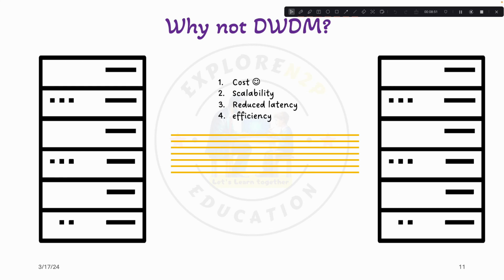Okay, now I have two questions. You may ask why we can't use DWDM between these two servers or high performance computing servers. Yes, we can use DWDM very well, but imagine we already said that parallel optic technology is used only in data centers where it requires high performance, high volume of data, efficient data transfer, and ultra low latencies.